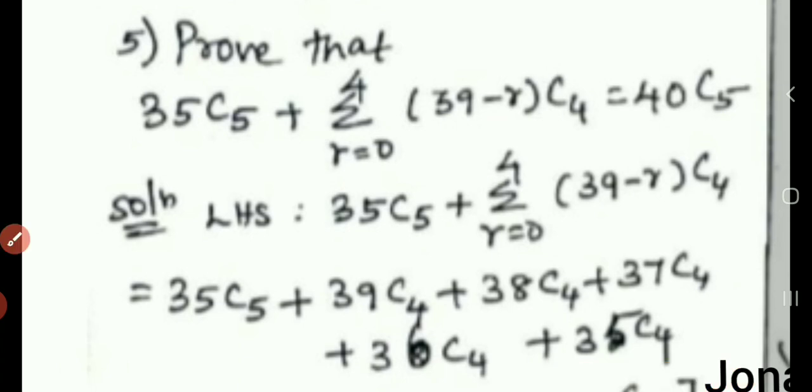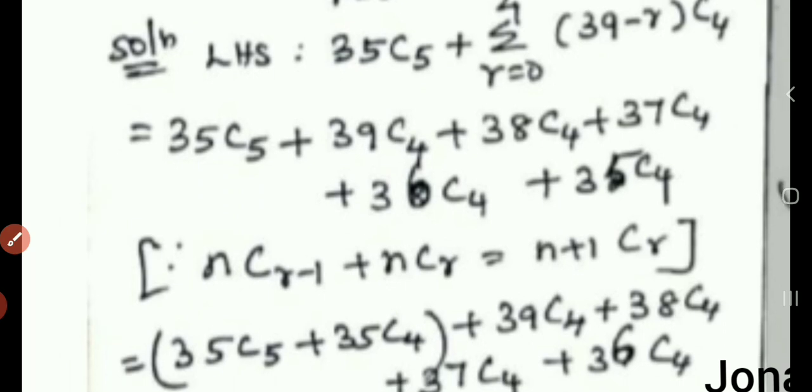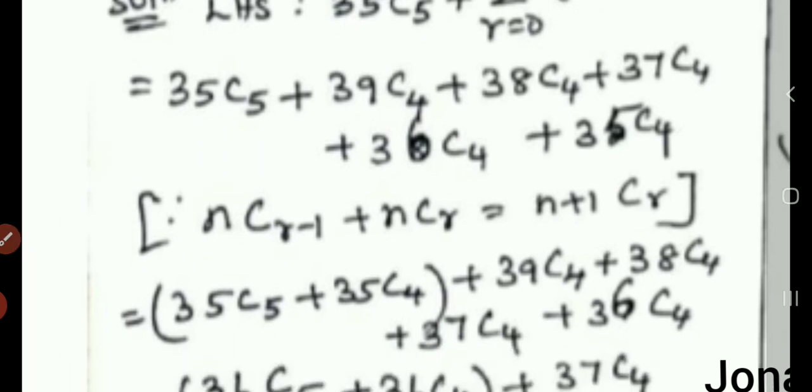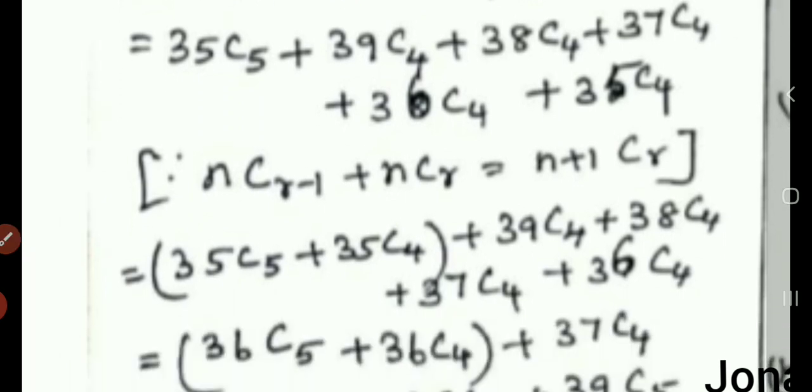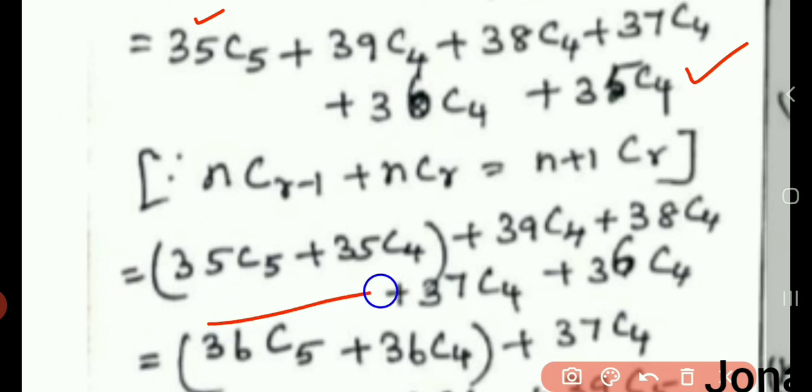Okay. And then now I want to group the terms by using the same formula here. So here I have this 35C5 and this 35C4. I want to group these two. Okay, now look here. The same formula I want to use here, that nC(r minus 1) plus nCr equal to (n plus 1)Cr.